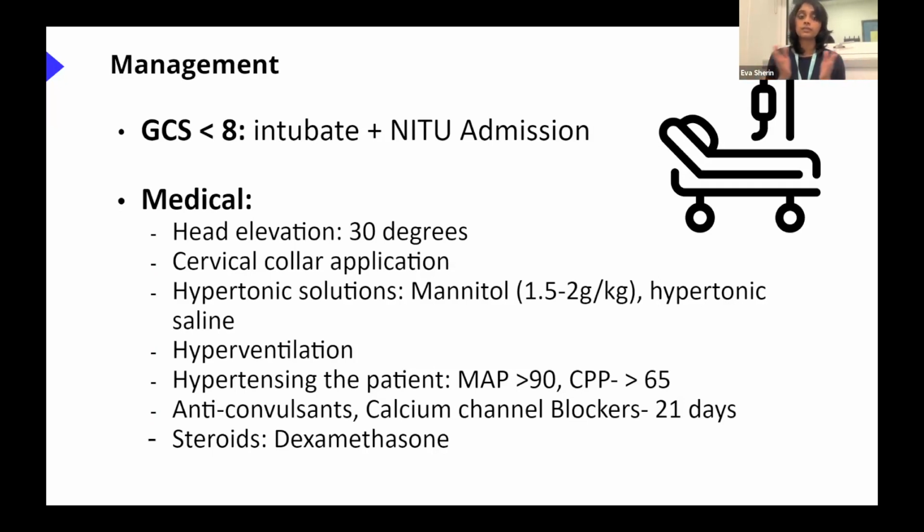So when the CO2 comes out, the vessels constrict, and that helps bring down the ICP. But again, when there's significant vasoconstriction, you also risk the brain going into ischemia or infarct. So that is something that you'll have to balance when you're hyperventilating the patient. Hypertensing the patient, yes, is something that we do regularly for all the patients, especially in NITU.